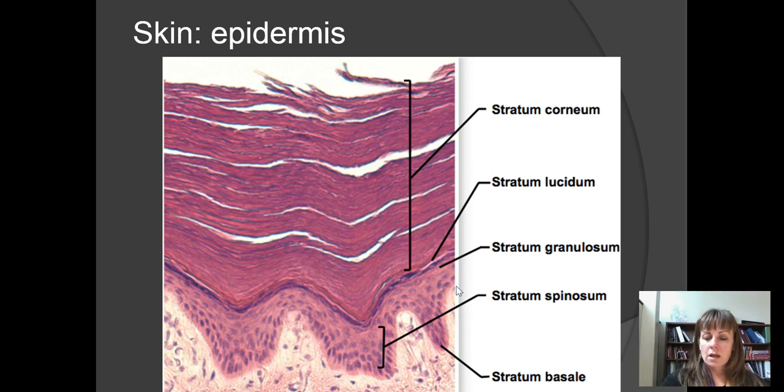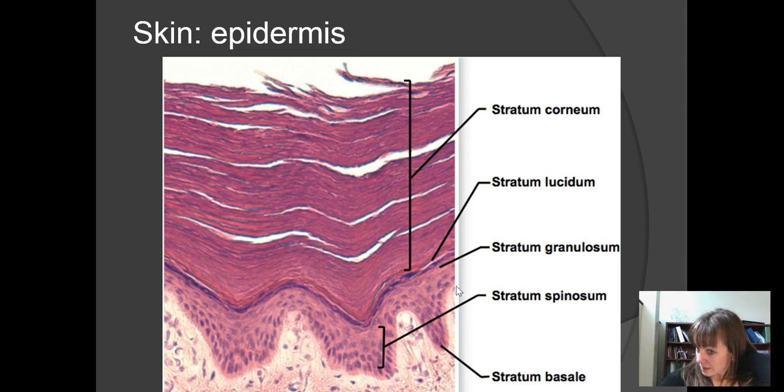Okay, now we can further subdivide the epidermis into 4 or 5 layers. This is showing 5 layers. That's what we see in thick skin, which is located on the palms of your hands and on the soles of your feet.